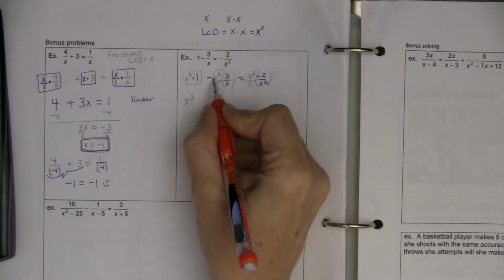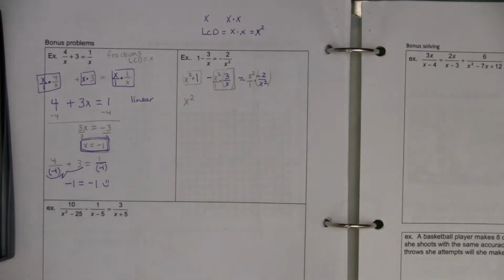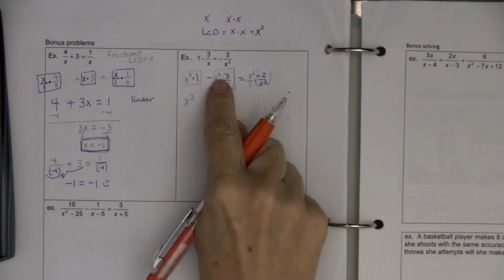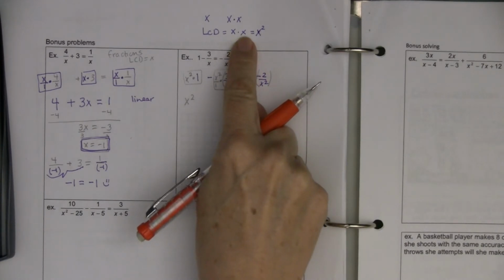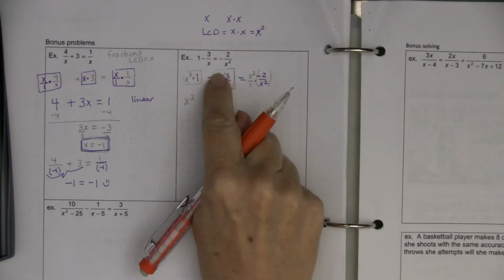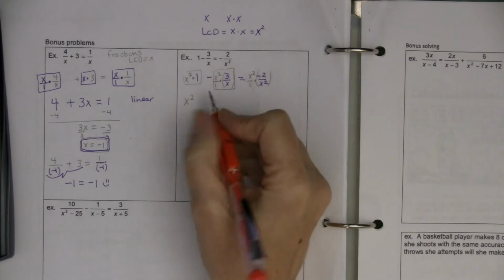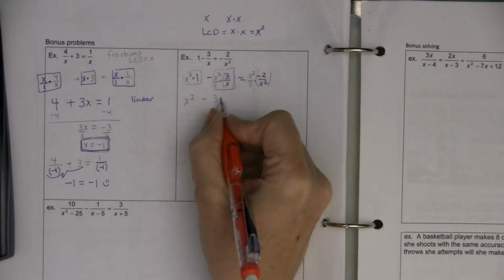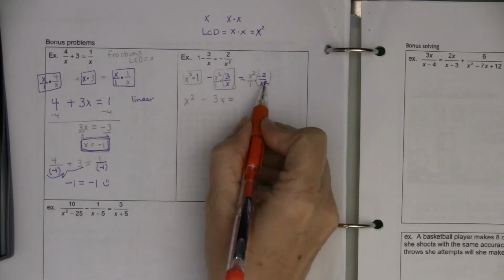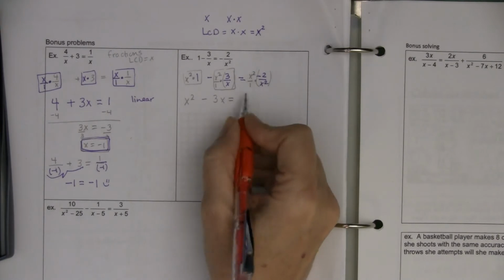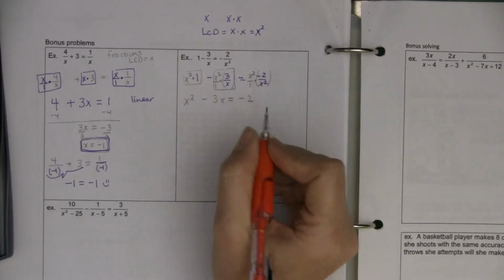When I multiplied those together, you can verify that x squared is the same as x times x. So an x will cancel with an x and leave over minus 3x equals, the x squared cancels with the x squared and leaves minus 2.